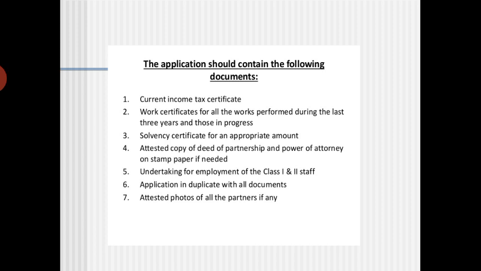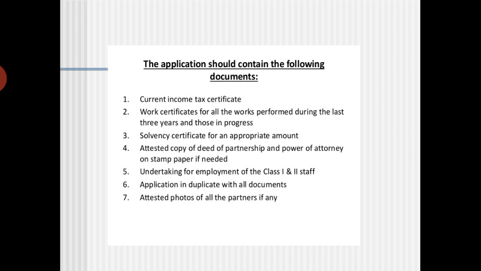When applying for the contracting license, the following information should be in the form. The first is the income certificate, and the IT return certificate is required. Then work certificates for all the works performed during the last 3 years and those in progress.